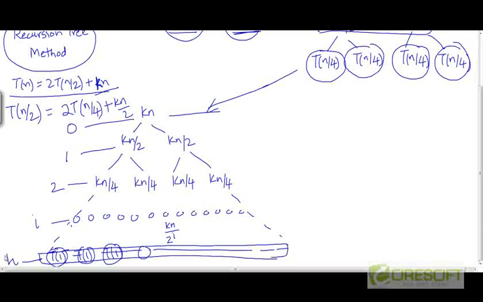So let me call the level number of the very last level as h. So at level 0 you had just one node, at level 1 you had two nodes, at level 2 you had four nodes, at level i you had 2 to the power i nodes, at level h you're going to have 2 to the power h nodes.